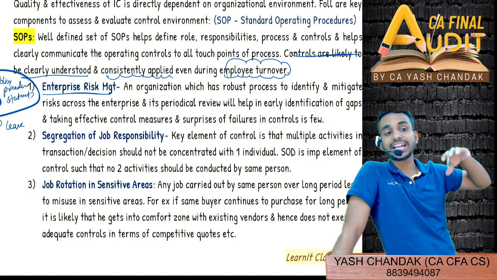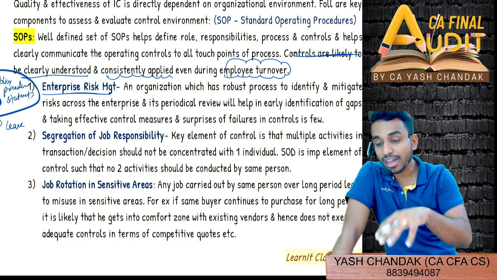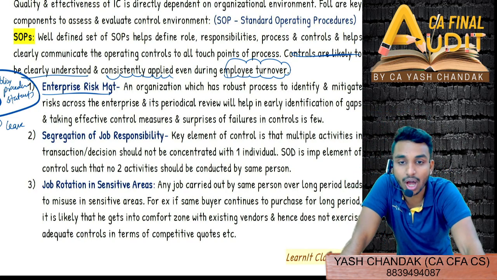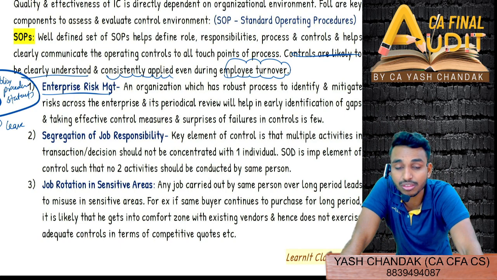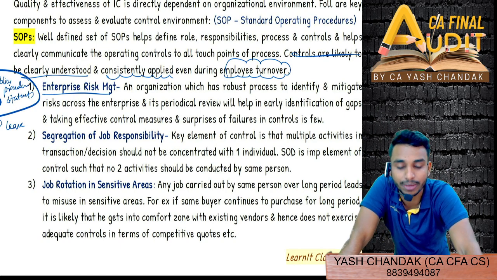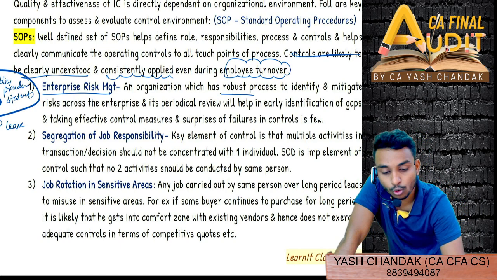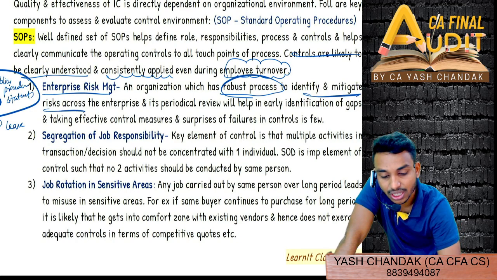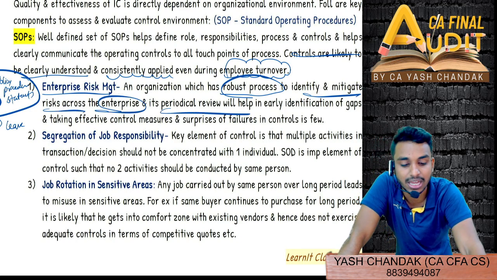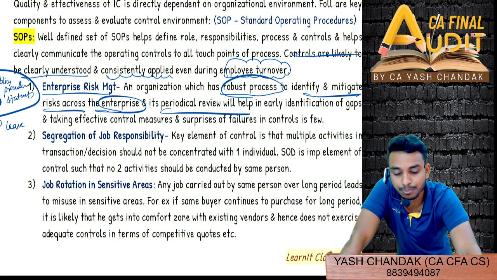So enterprise risk management has to be there in your SOP. How are you going to manage the risk in the enterprise, right? An organization which has a robust process to identify and mitigate the risk across the enterprise and its periodical review will help in early detection of gaps.